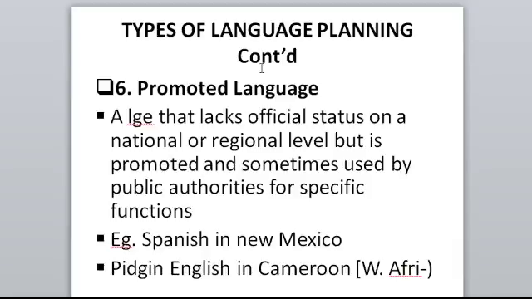For example, you have Spanish as a promoted language in New Mexico. You have the Pidgin English in Cameroon, West Africa, as a promoted language. So the promotion of a language here is by functional purposes. So you use it for certain functions, but for the other functions, you use different languages. That's where you have the status of promoted languages.